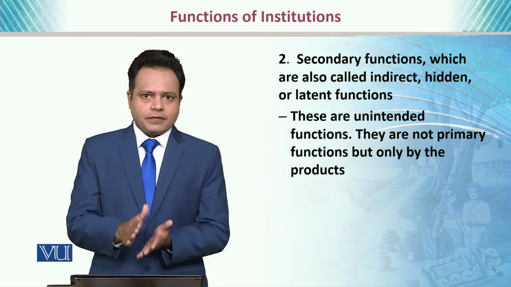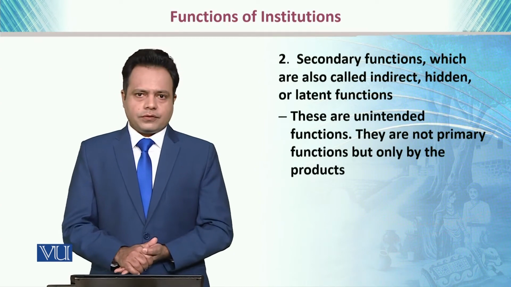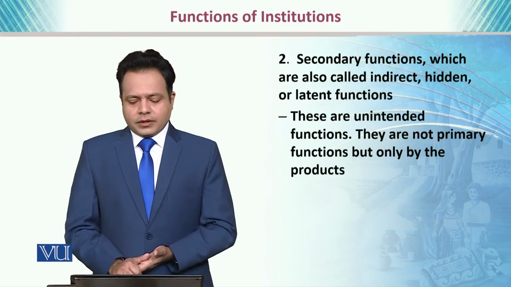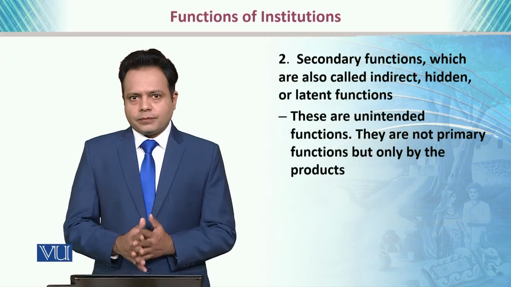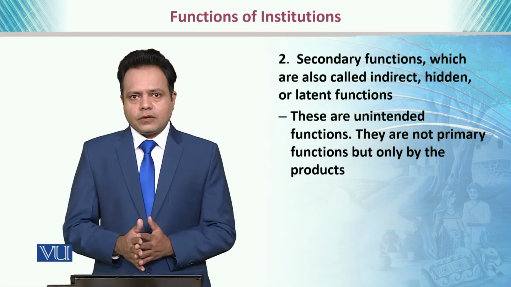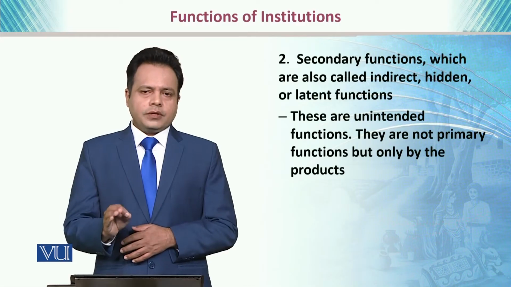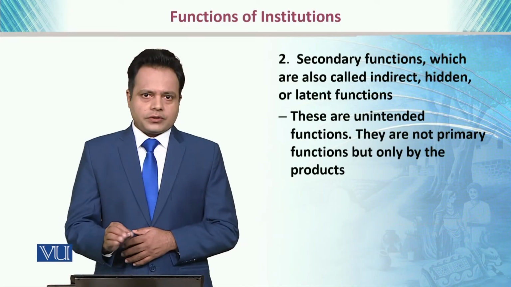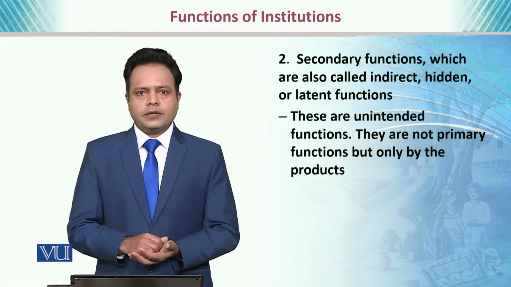However, they work side by side with these in these institutions. For example, one of the primary purposes or goals of a school is to impart education, or to give knowledge to the students as well as to provide the social skills.